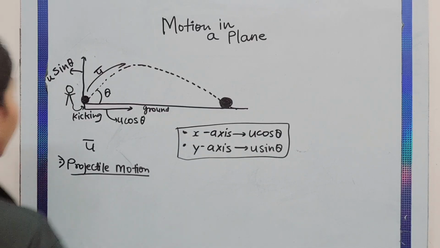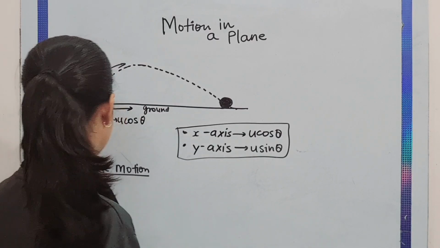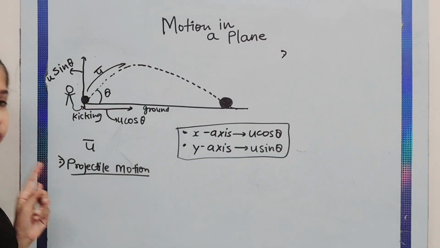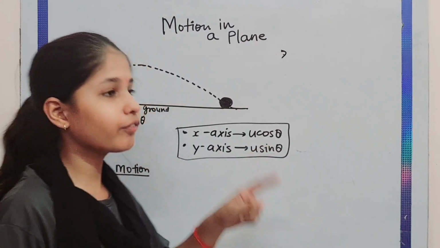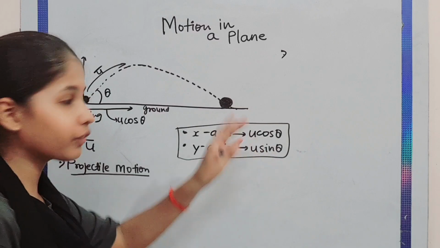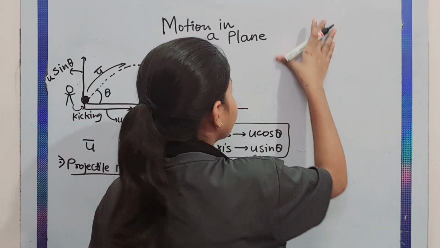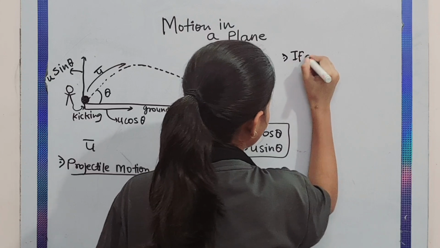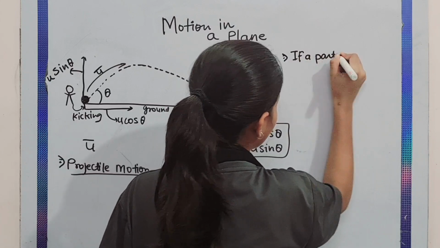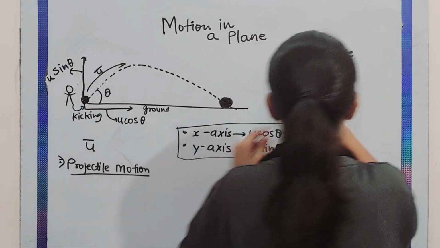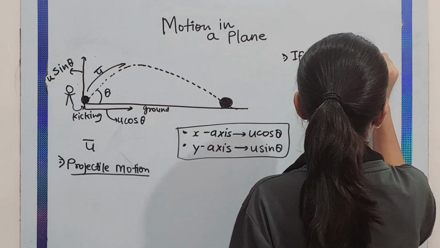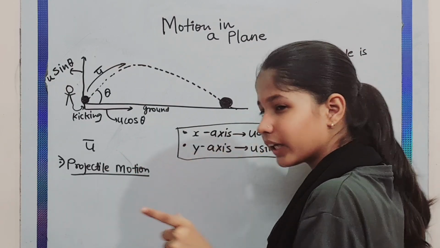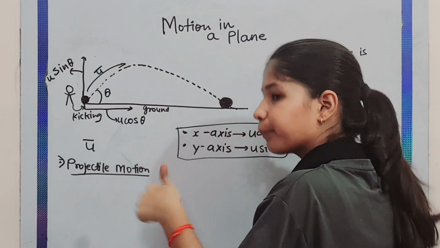Let's understand what is meant by projectile motion here. If I write here, first of all I am going to write the definition, then we are going to understand that definition with the help of this example. So projectile motion is that if a particle is projected, here you can find the words projectile and projected.